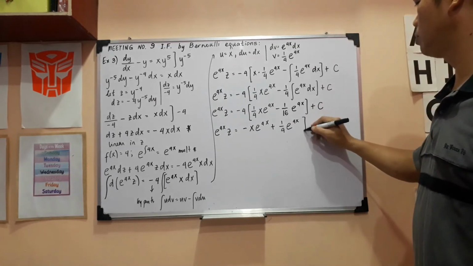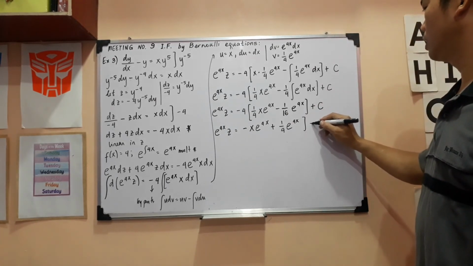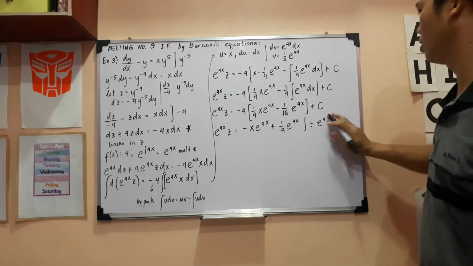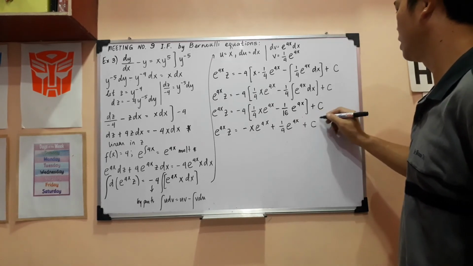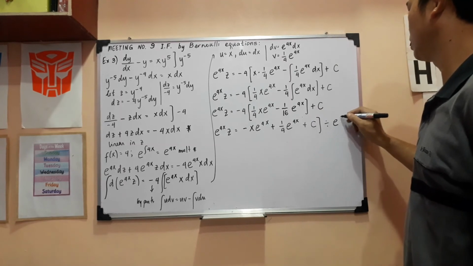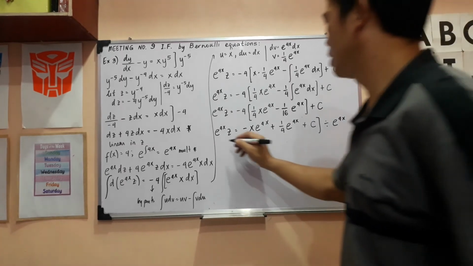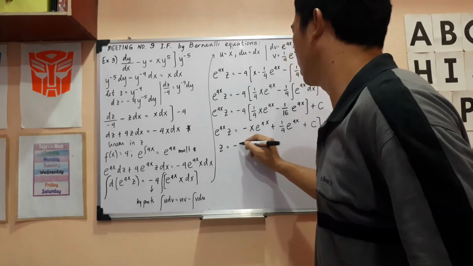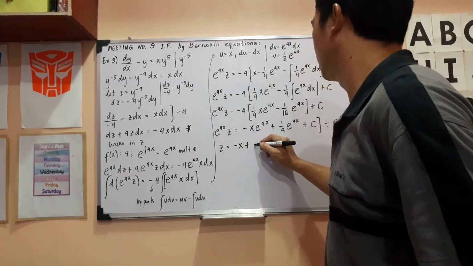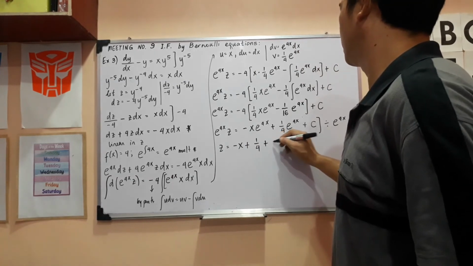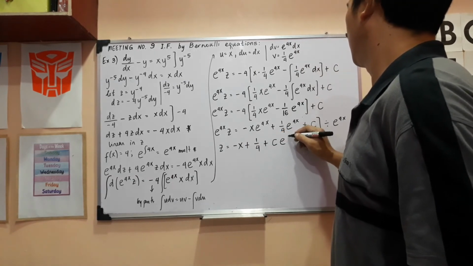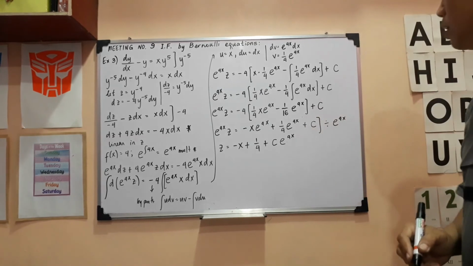Now kung i-divide ko ng e raised to 4x, magiging z is equal to negative x plus 1/4 plus c e raised to negative 4x.